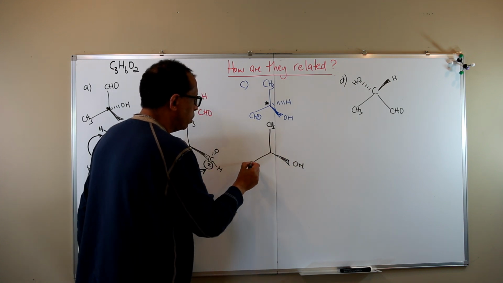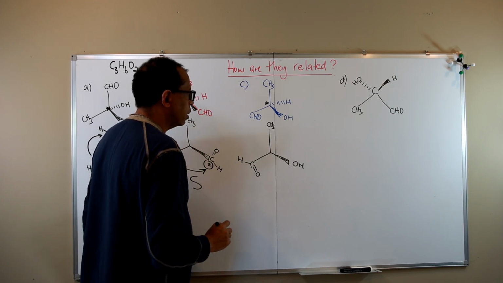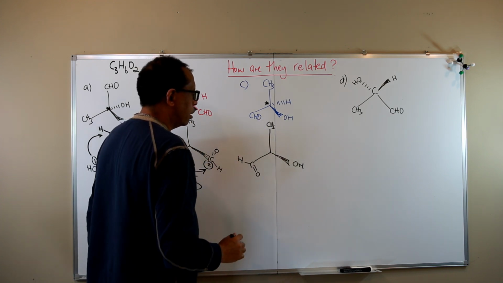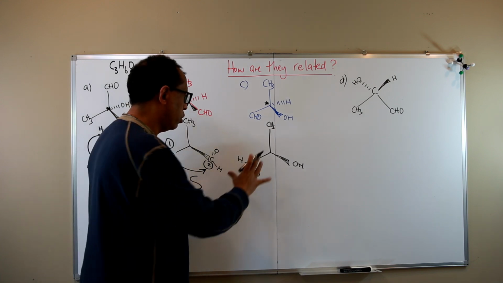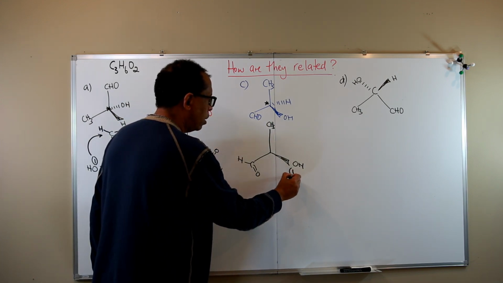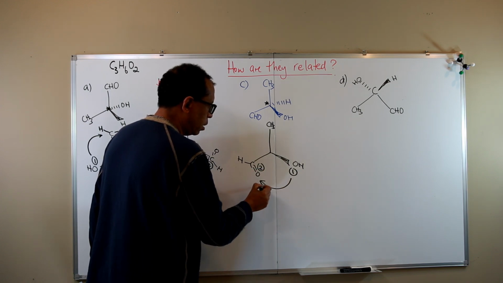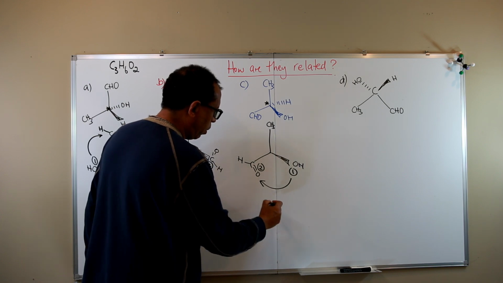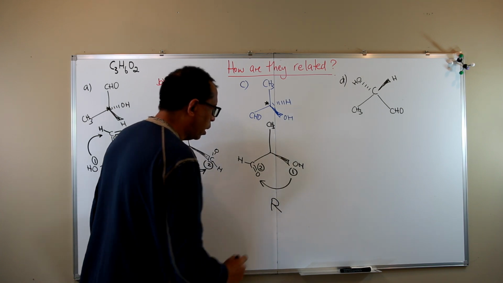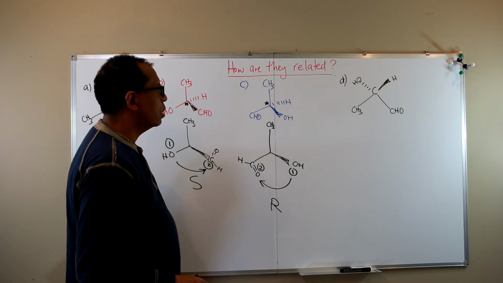The aldehyde group is here, CHO is redrawn like this, and hydrogen is at the back, so there is nothing you can do for this, you just leave it as it is. So this is 1, this is 2. So this is a rotation like this. That is clockwise. That is R configuration. So you have R for this one.